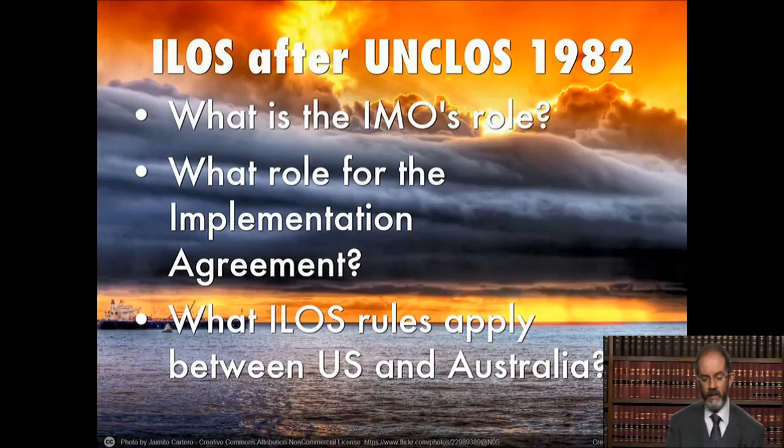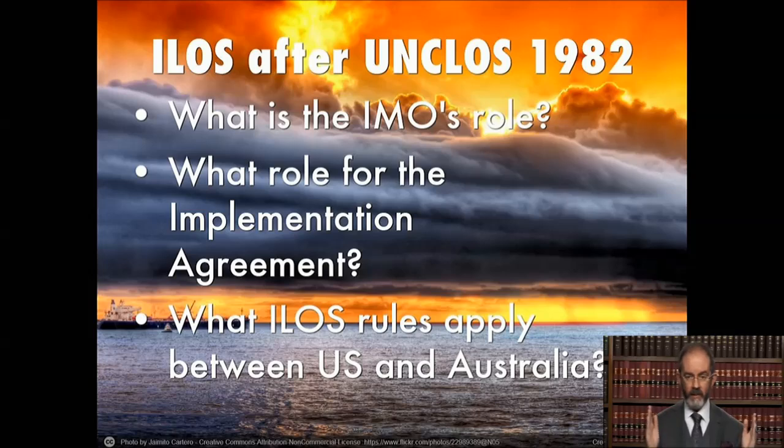And occasionally on things like the setting up of traffic separation schemes in the territorial sea. So imagine a territorial sea where you have a complex cluster of islands, you have some very shallow channels, navigation is difficult and dangerous. Obviously states are going to want to say everyone moving north should do so on the left of this channel and everyone moving south should do so on the right.